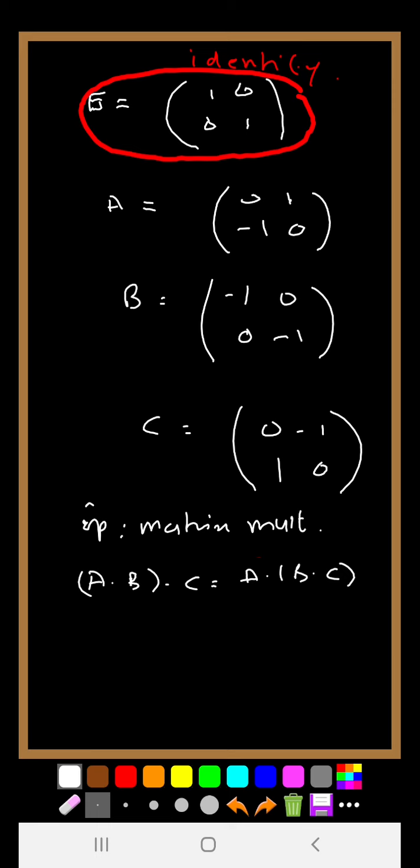Now the question is the inverse. What is the inverse of A? The inverse of A is the adjoint of A divided by the determinant of A, and this determinant is equal to 1. And what about the adjoint of A?